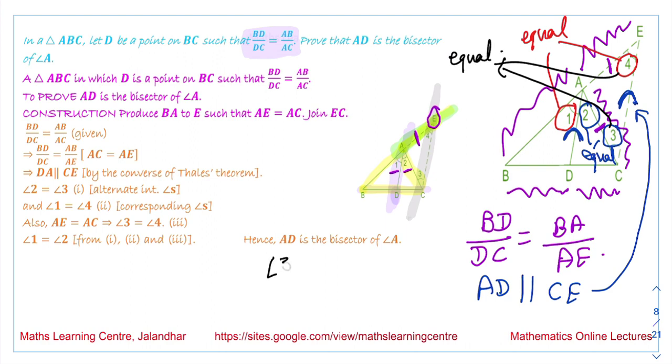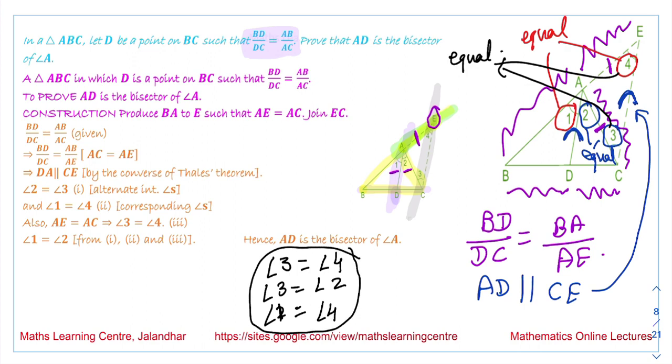We are saying angle 3 is equal to angle 4, angle 3 is equal to angle 2, angle 1 is equal to angle 4. So by combining these results, angle 1 is equal to angle 2. These two angles are equal to each other. So it means AD is the bisector of angle A, and this is what we have to prove.